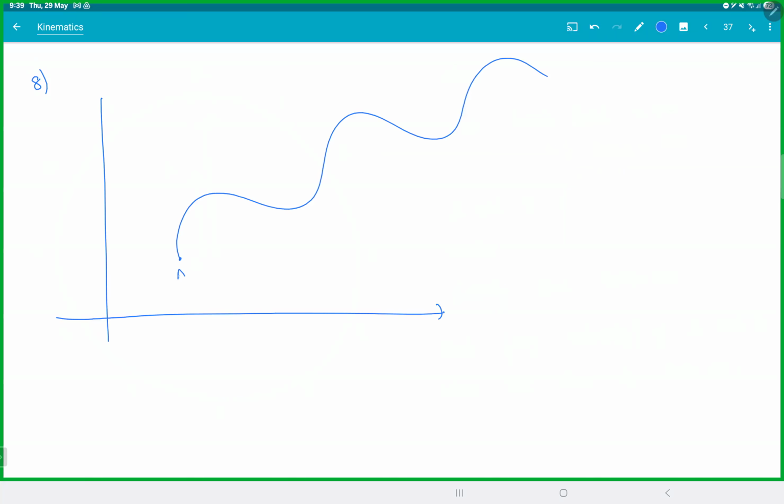It's going from A to B. So the question is, this is the path of the particle from A to B. How many times are average velocity and instantaneous velocity parallel?